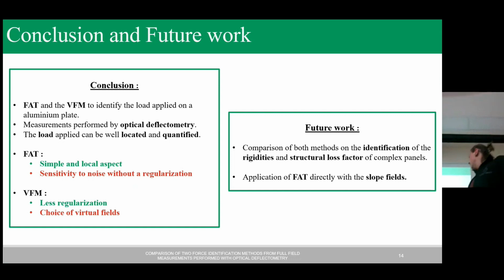And the application of FAT can be done using the slope field instead of the displacement field. When you apply the fourth order derivative operator, you use the displacement field. But if you consider using the slope field, it will require one derivation order less than what we do actually. So the noise will be less amplified, which can be interesting. So yeah, that's it. Thank you.